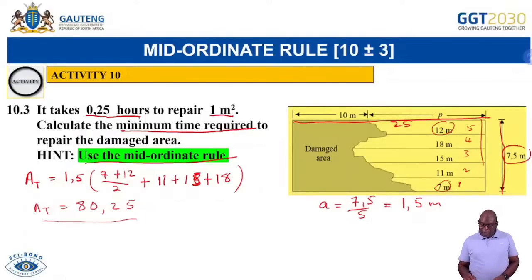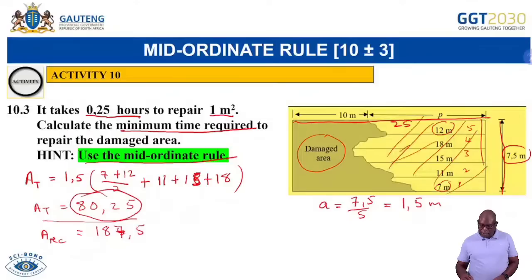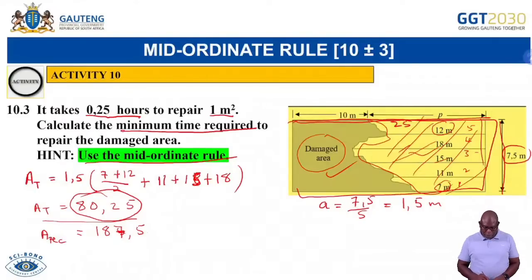But I'm not done because I need the area of the damaged. So for me to get the area of the damaged, I'll say area of the whole rectangle. I know it is 187.5. Then I'm going to subtract this area here. If I subtract the area of that part here, then I'll get the area of the damaged, because the area of the rectangle is given. I now know the area of this part here. Then I can just say the area of the damaged will be this minus 80.25.